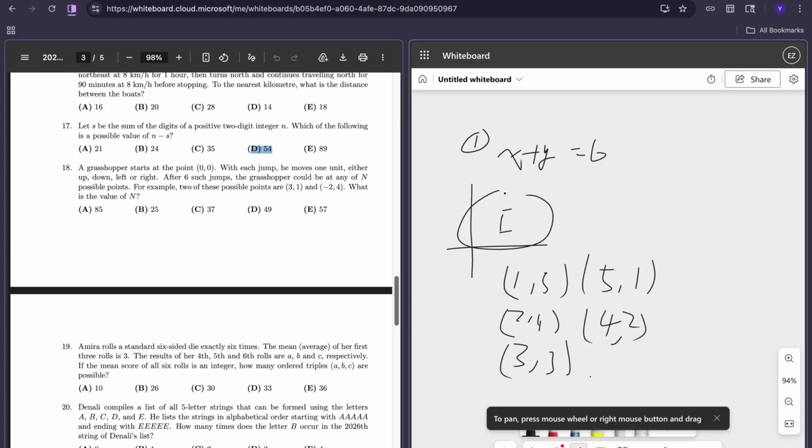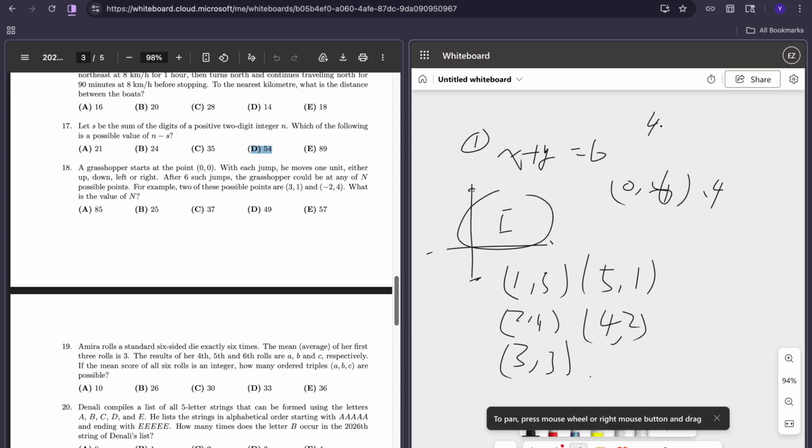Now we consider the case where one is 0, so (0, 6), times 4, since there are 2 axes and 4 quadrants, so there are 4 combinations: (0, 6), (0, -6), (6, 0), (-6, 0).